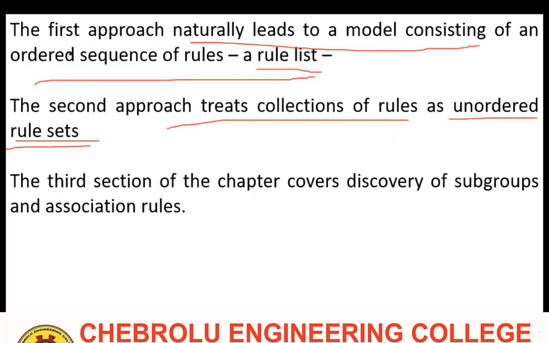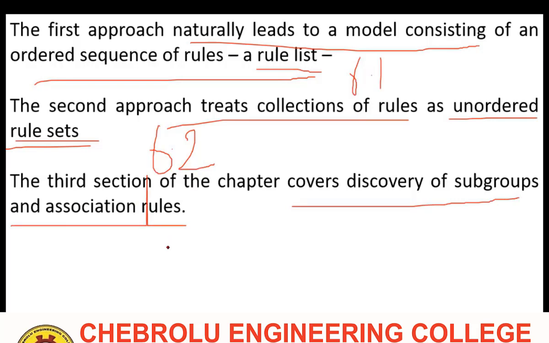The first approach we are going to learn as section 6.1, and the second will be 6.2. The third section of this chapter covers discovery of subgroups and association rules. This part is called 6.3. So this is what we are going to learn in this chapter.